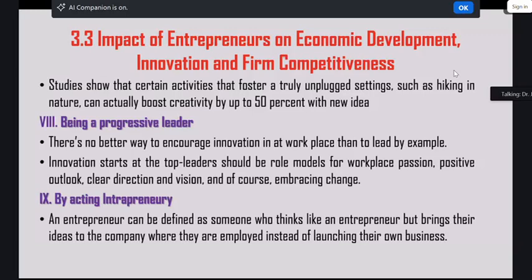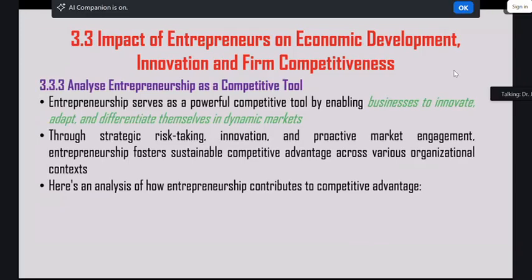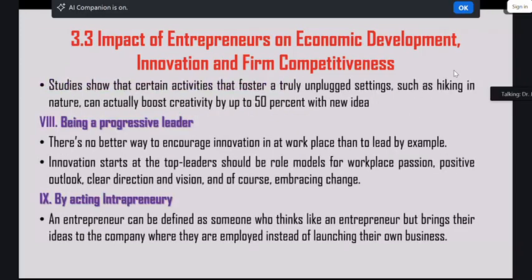How can you improve the processes of your daily activities and the like? It's part of being intrapreneurial. So by acting like entrepreneurs, bringing things or changing the way things are done in your workplace can also impact innovation in the firm. And that's all.